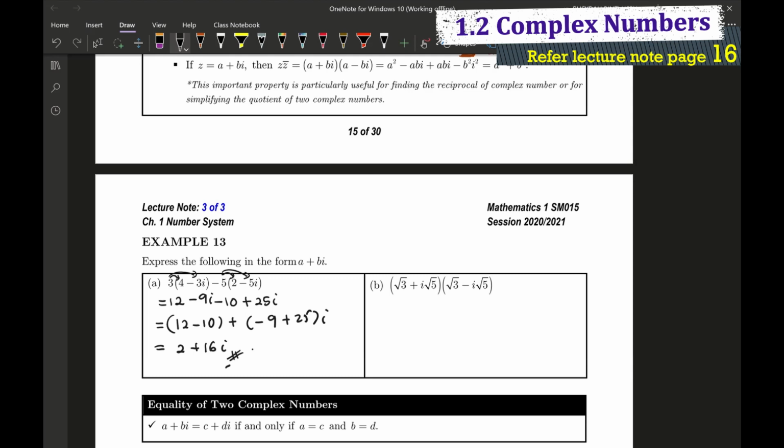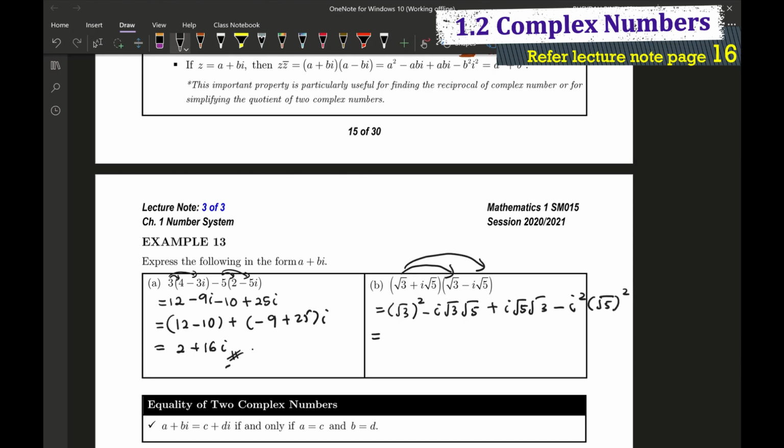And now we go to the multiplication of two complex numbers. Just like a normal multiplication, we just expand the brackets. We have 3 times 5, minus 3i times 5... plus 5i times 3, minus i squared times 5 squared.